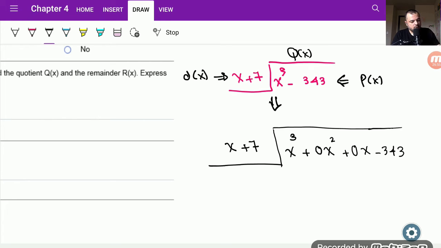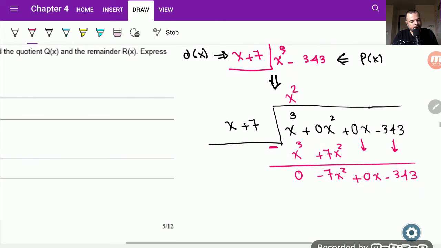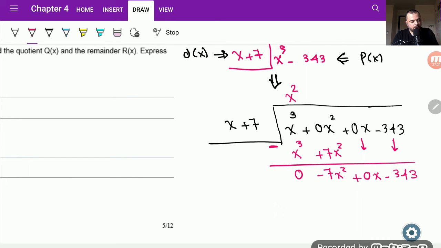So x cubed divided by x is x squared. Then multiply, you get x cubed plus 7x squared. Subtract, so you get 0 and minus 7x squared. Bring down. Then again divide, you get negative 7x.